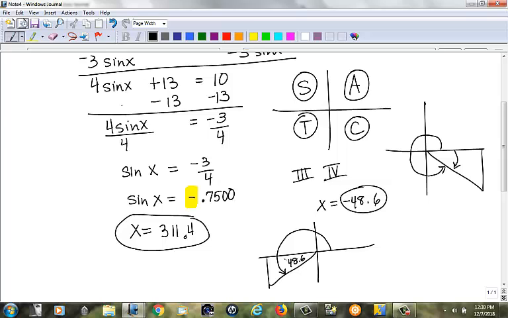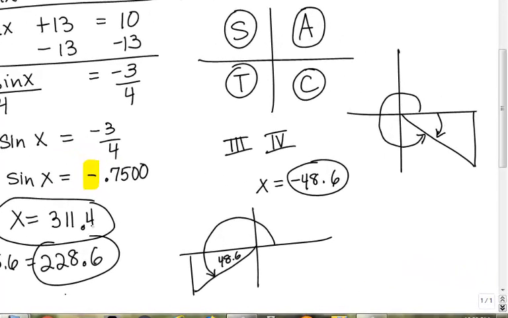Okay, and I get 228.6 is my other answer. Okay, now let me stop there. Does that kind of come back from when we first started on the calculator? A little bit. So that part, a good review.